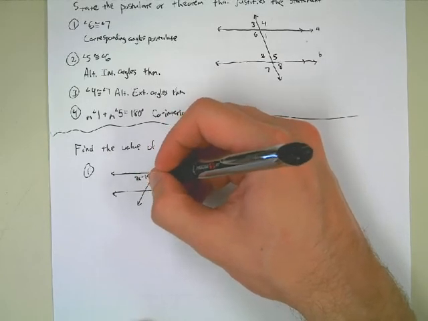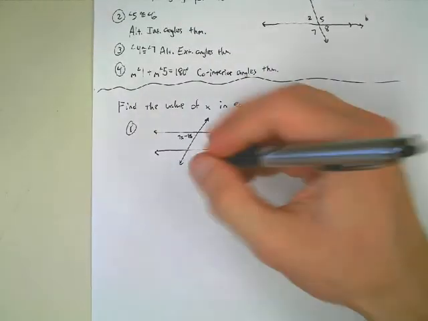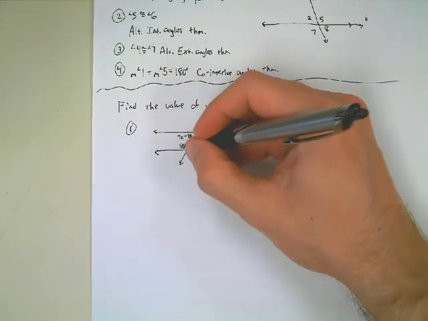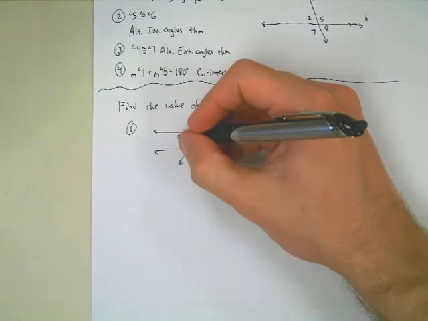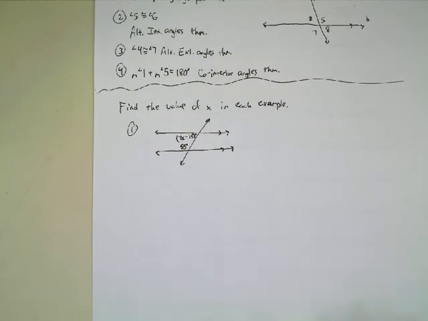I'll zoom in on that some more because it's kind of small. So in this situation, how might we set this up to be able to solve for x?